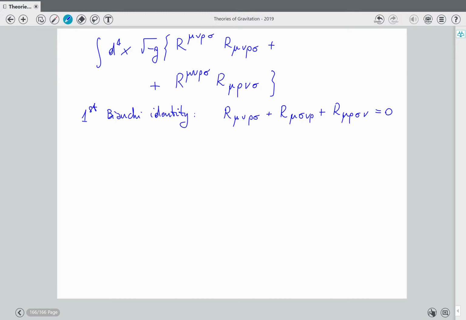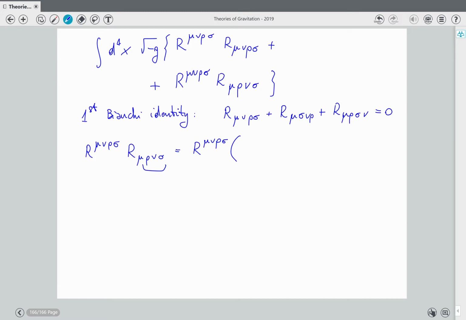So if you consider the second, R mu nu rho sigma, R mu rho nu sigma, we can write that as what? So we copy the first Riemann tensor, and instead of the second one, we make two.